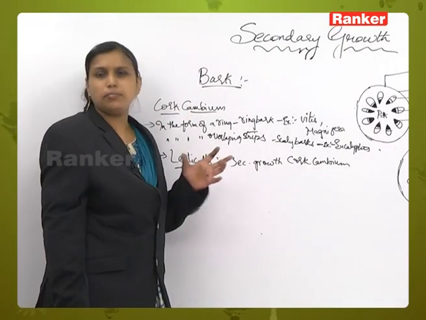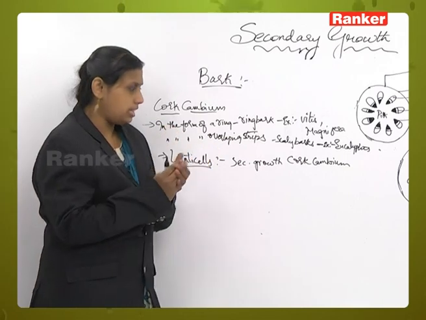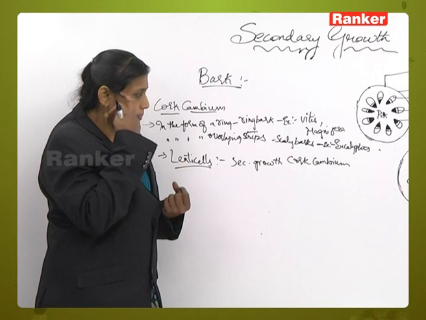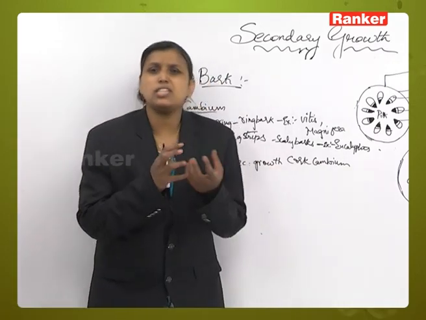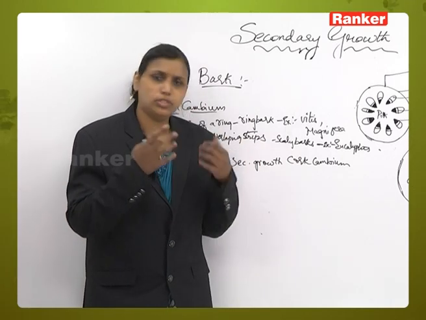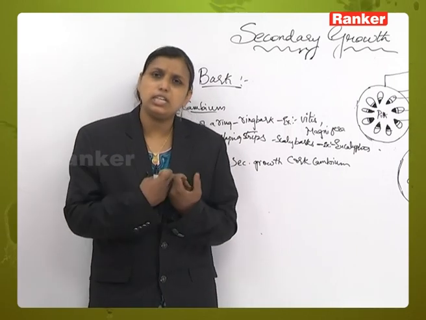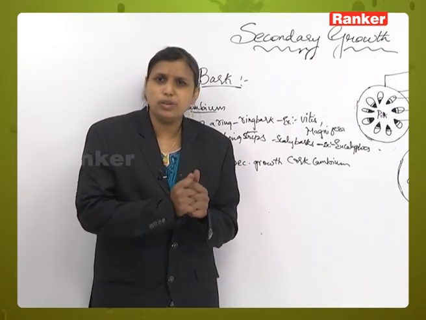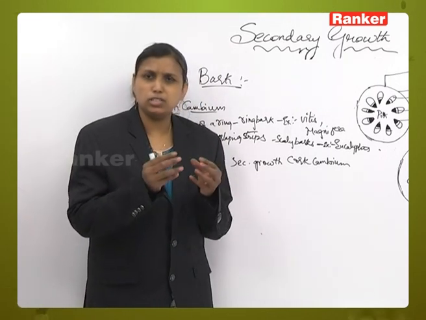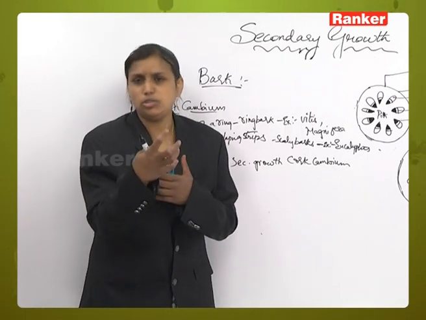Cork cells or cork cambium cells, the dead cells, are very closely attached to each other, and there are no intercellular spaces in between them, because of which the transport or exchange of gaseous material or of liquid or solution between the two different cells is not possible. So, how does the exchange of gases between the internal and external environment take place? In such a condition where the cork cambium is existing, the epidermis becomes periderm, and there is no possibility of exchange of material between internal tissue and the outer atmosphere.